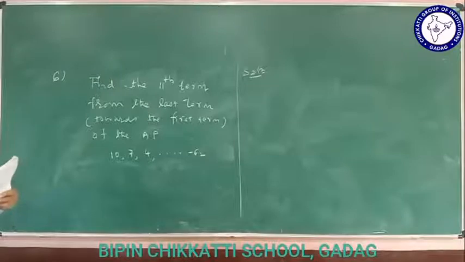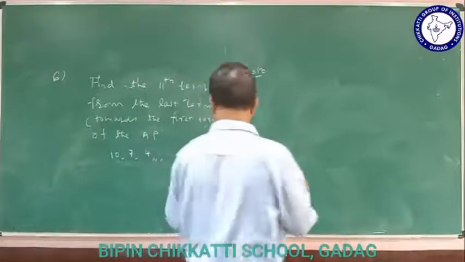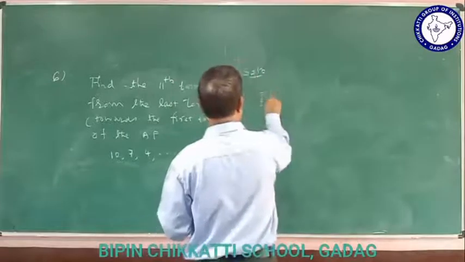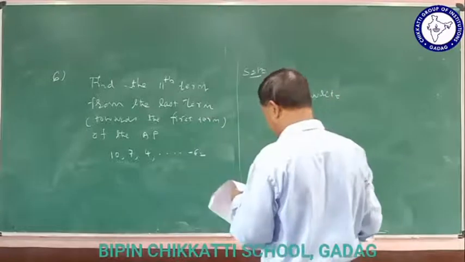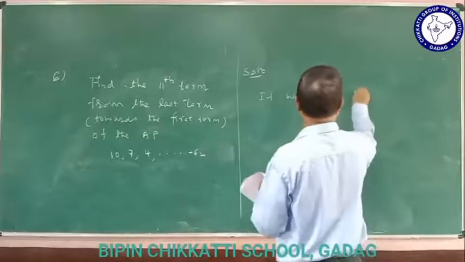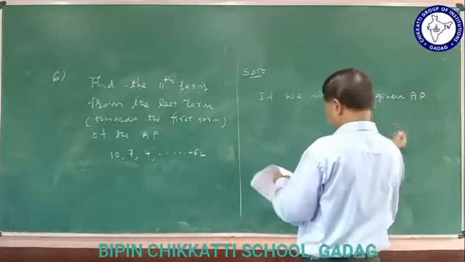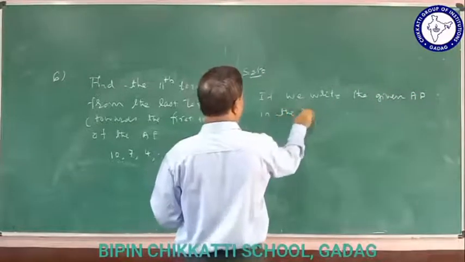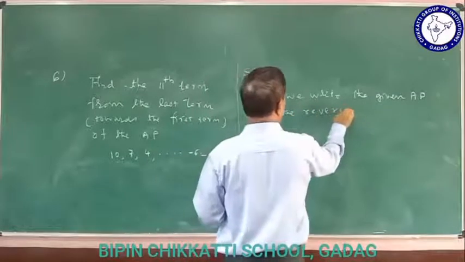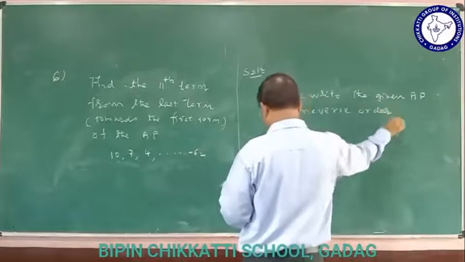Reverse order means minus 62. So shall I write this? I will write it very clearly. If you write the given AP in reverse order, try to understand: reverse order means first becomes last, last becomes first.